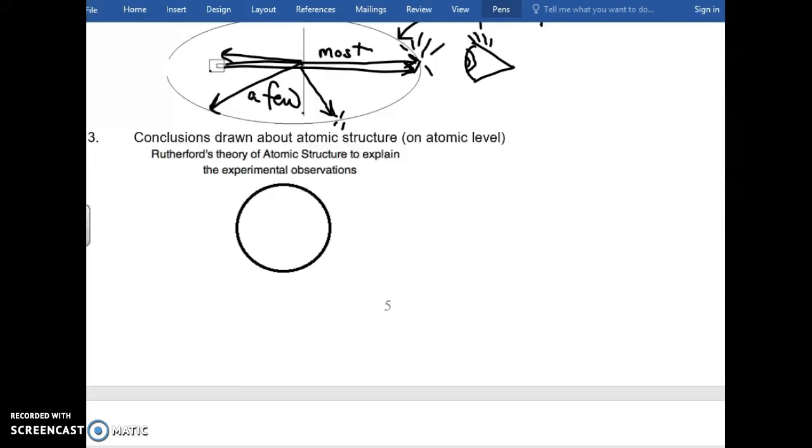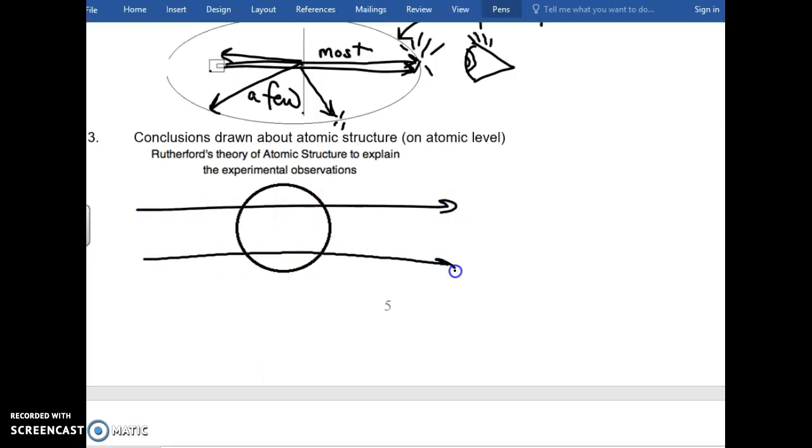This is the conclusion that Rutherford drew. He said because most of the particles are flying through like so, without any deflection, that the atom must be mostly empty space. Because a few of them were being deflected, well, to be deflected, you have to be deflected off of something. That something was a positively charged nucleus in which all or the overwhelming majority of matter was concentrated.